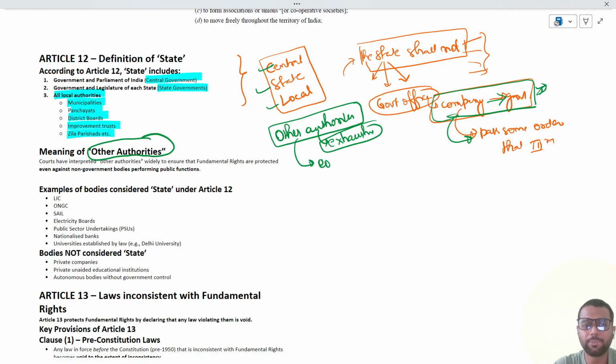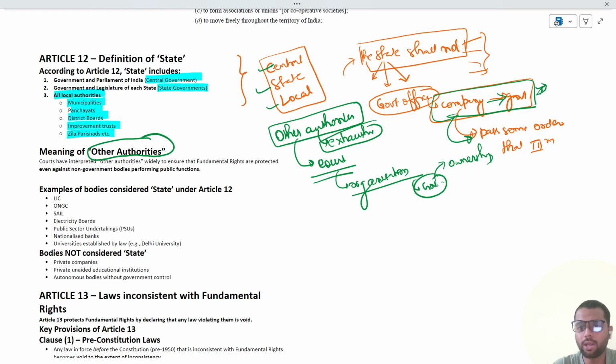And the court has interpreted that any organization which is under the control of the government, either the state government or the local government or the central government, or which it owns, or in which it has some role to play, some stake in that company or organization, will also be part of the state. That will also be counted under the domain of the state. That will also be considered as a state.